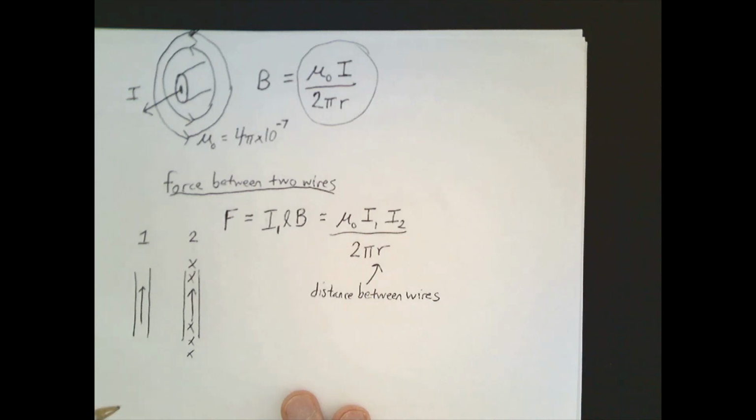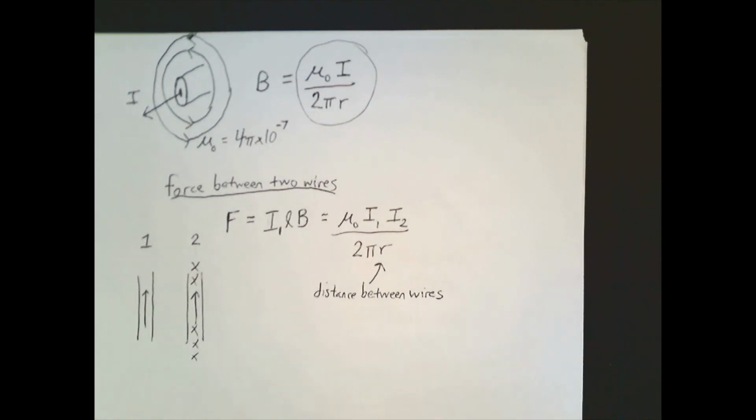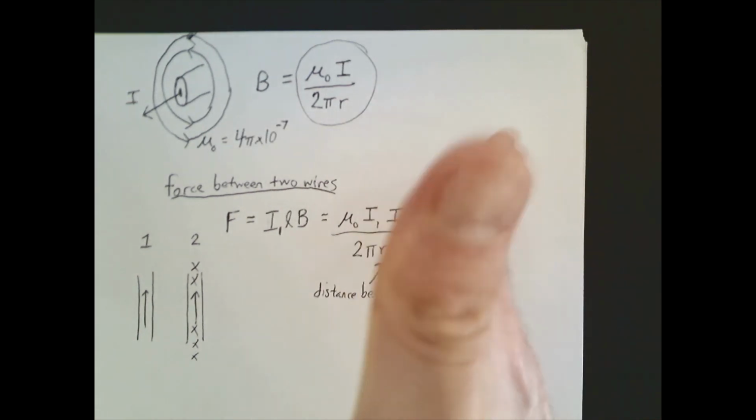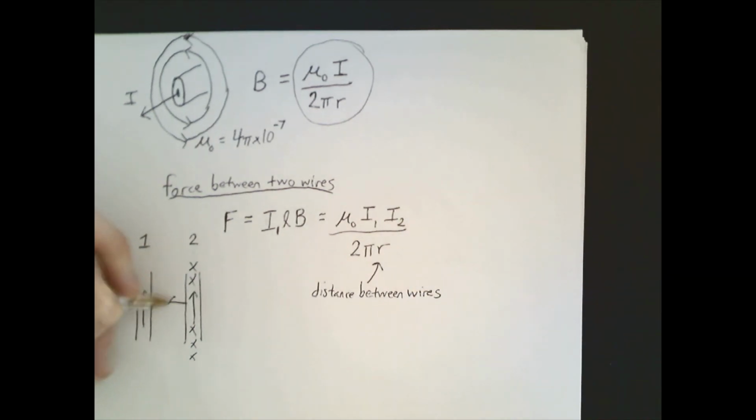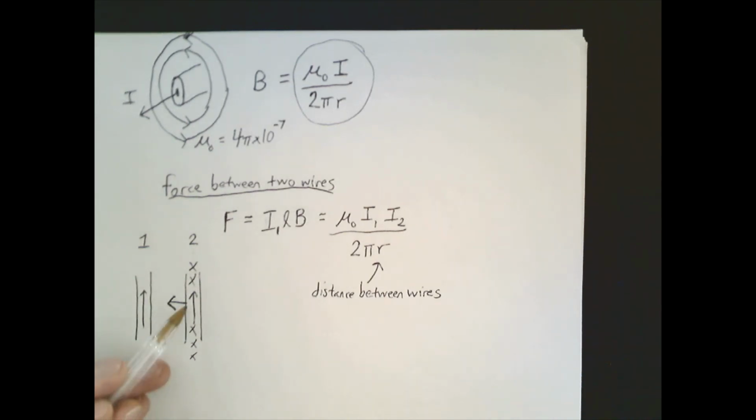Now we apply our other right-hand rule. This one goes up, this one goes in, and it actually looks like these are going to attract because the force directed on wire 2 is to the left, towards the other wire. We can apply the same sort of logic to make sure it pans out for wire 1.